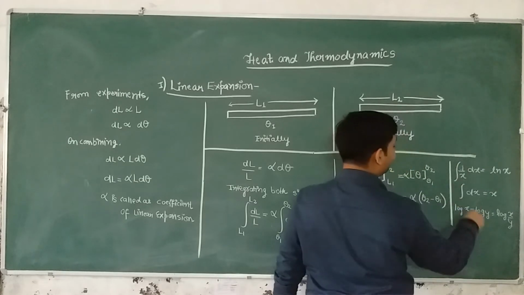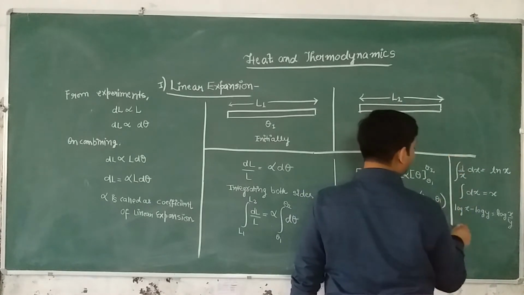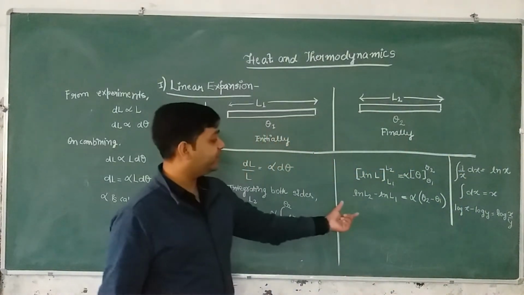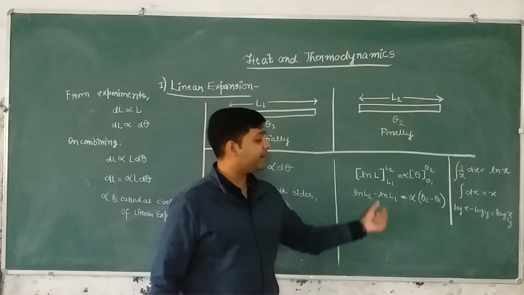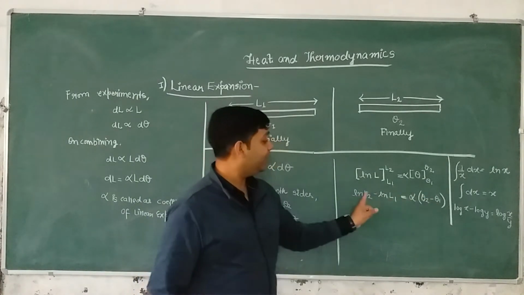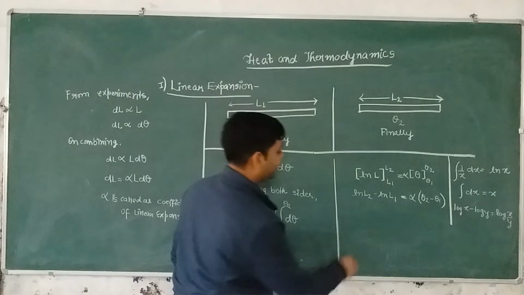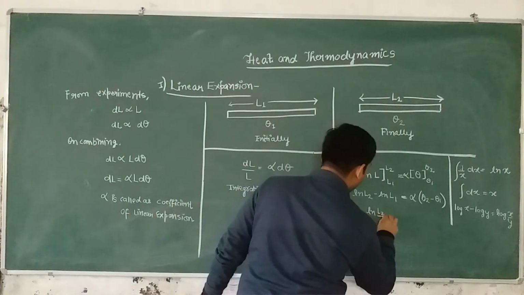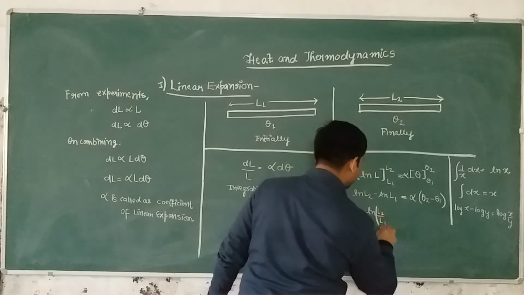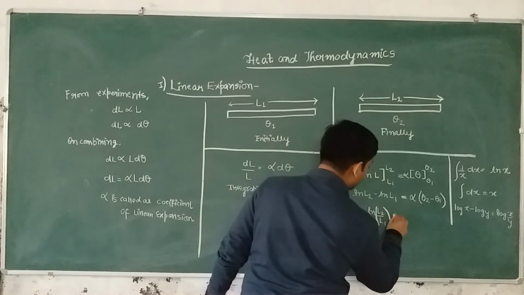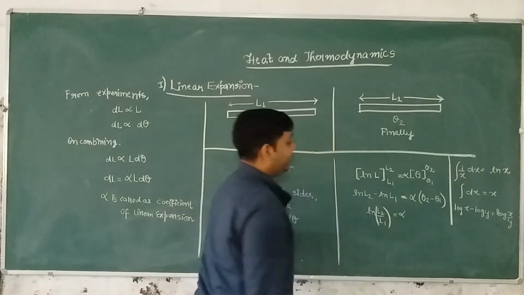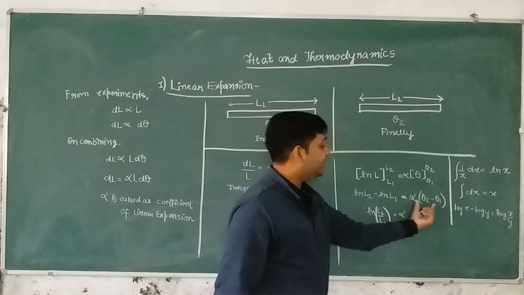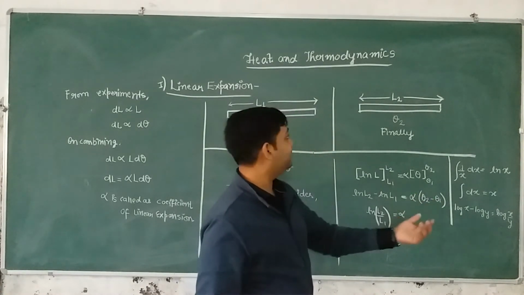So these are some of the formulas that you need to know. Without these you won't be able to solve it. So ln of x minus ln y will be equal to ln of x upon y. So it becomes ln of L2 upon L1, right, is equal to alpha of, can you write it as delta theta, because this is the increasing temperature.